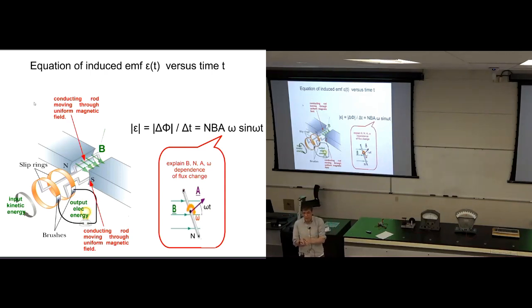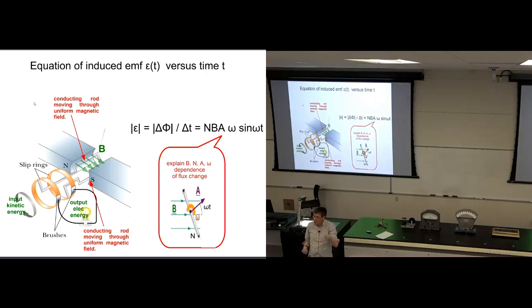Just like the greater the distance between the rails, the more field lines we captured in the linear generator, which meant a greater induced EMF and a greater induced current. So the bigger this A is, the more induced EMF and induced current you get. N is just the number of turns of loop you have.